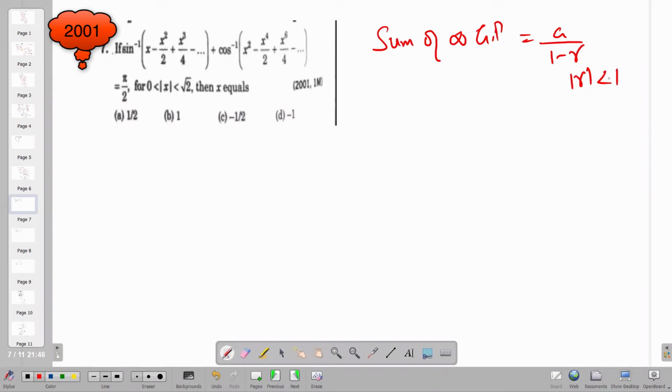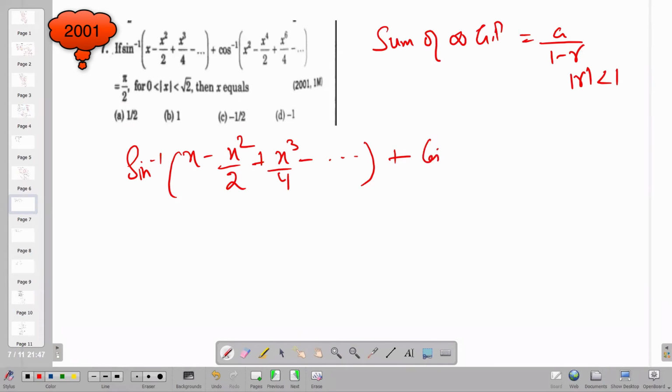And in this particular question, which was asked in 2001: sine inverse of (x minus x square by 2 plus x cube by 4 minus and so on) plus cos inverse of (x square minus x to the power 4 by 2 plus x to the power 6 by 4 minus and so on) till infinity.